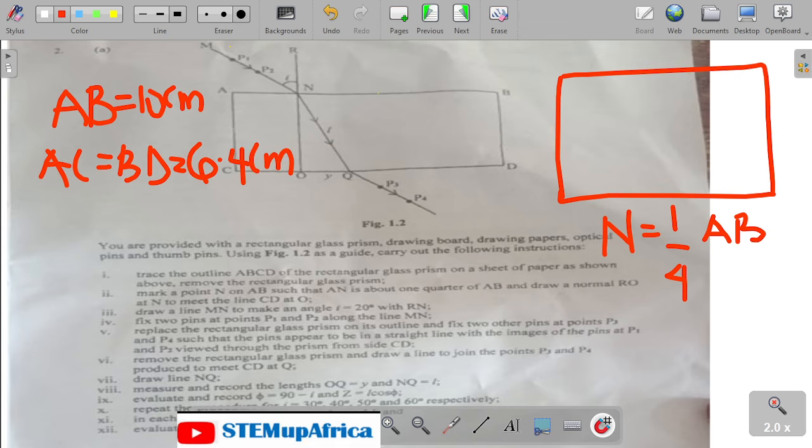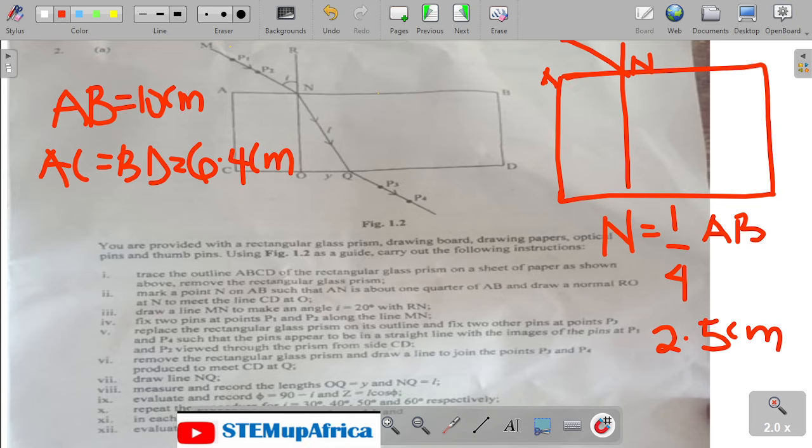All these measurements have been done today, so I'm just stating the facts. So 10 cm divided by 4 is going to give you 2.5 cm. So I have to measure 2.5 from here. That's why you draw your normal. You will continue like that throughout the experiment.